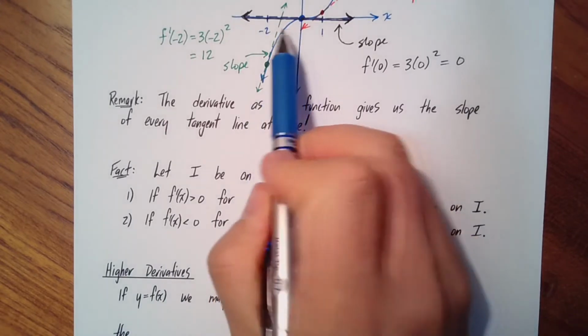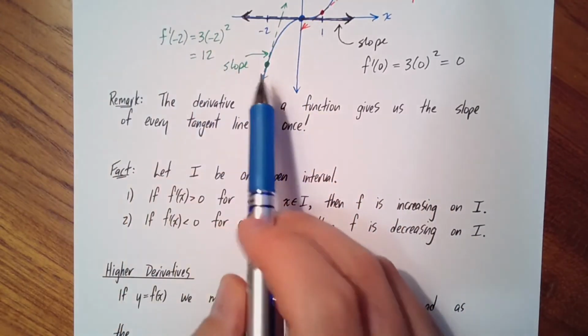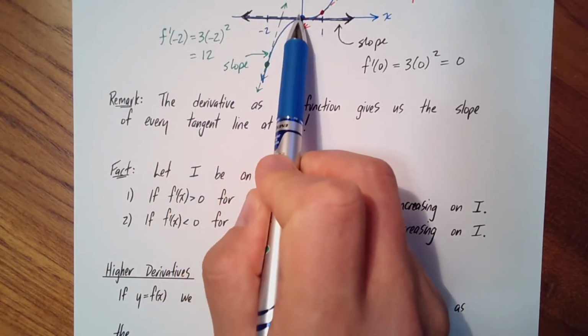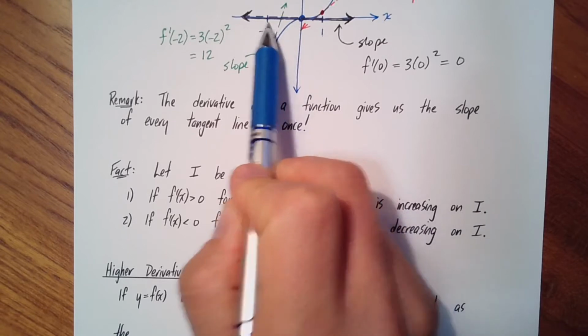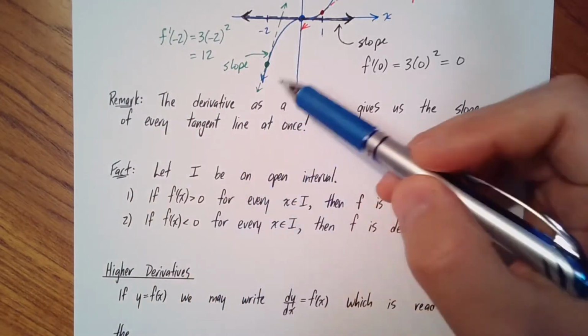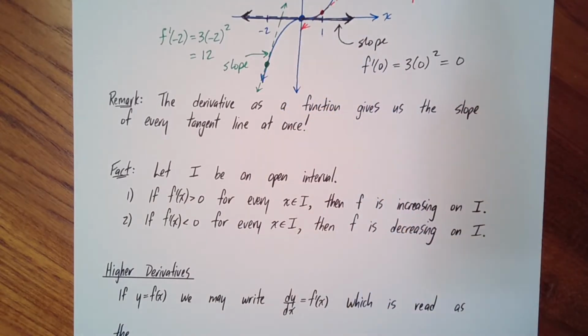So for example, the derivative is positive everywhere except at the point 0. So on the open interval -2 to 0, f prime of x is going to be positive on that open interval. So that means the function's increasing on that interval, and certainly it is. If you look at the picture, you can see that.